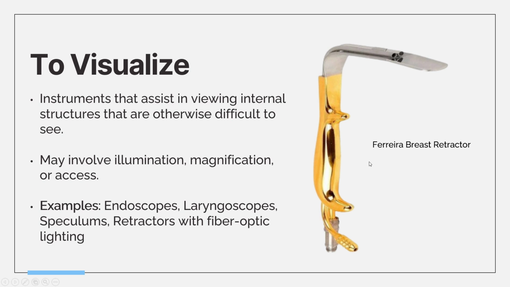And the example I've shown here, if you can remember from last week's class, the Ferreira breast retractor, allows surgeons to see into the surgical site better by providing a very strong light.